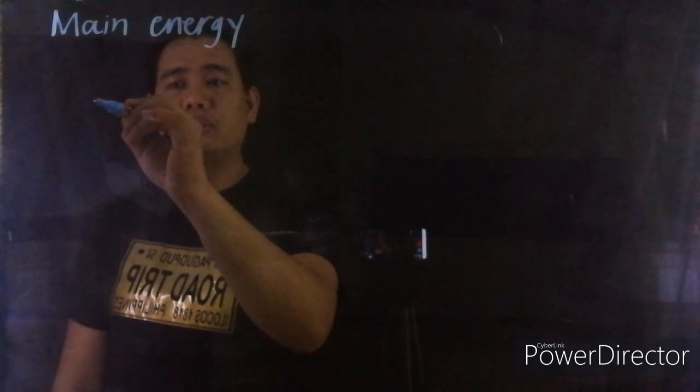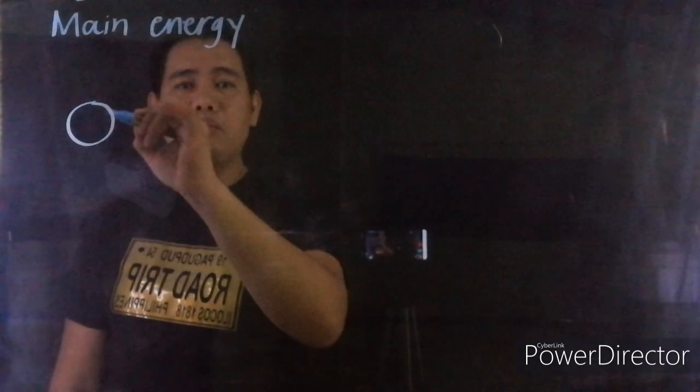First, let us discuss the different main energy levels. So the maximum number of shells or main energy levels of a given atom is 7. For example, this is the atom. So the maximum number an atom can have is 7.